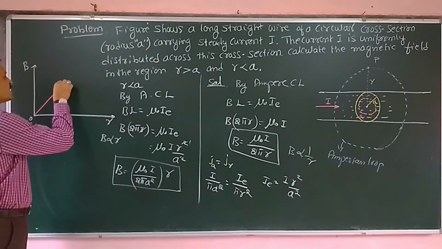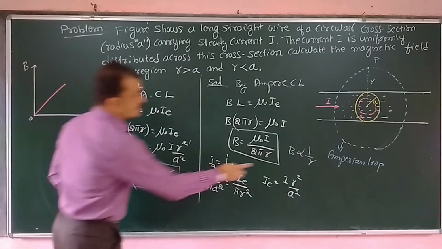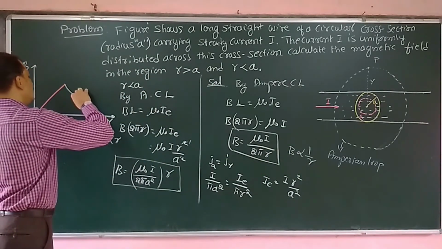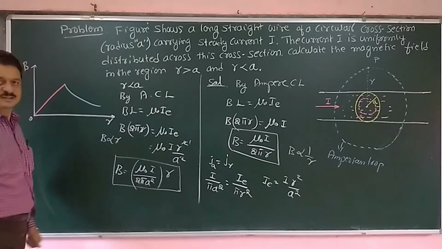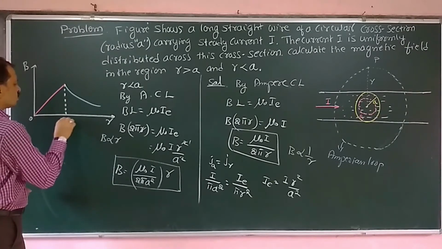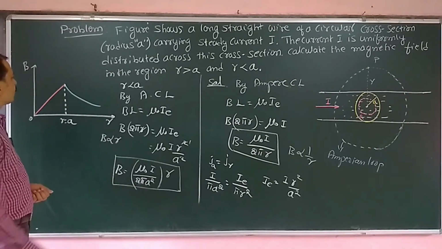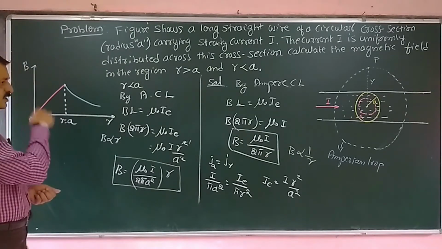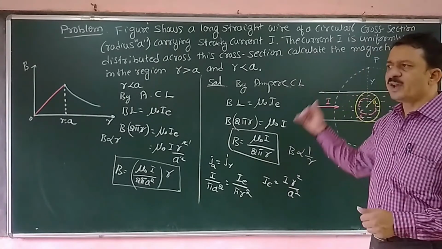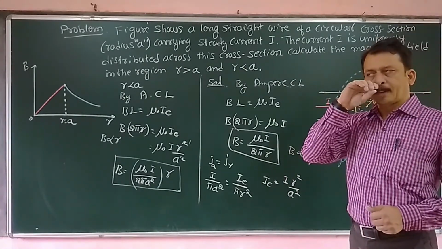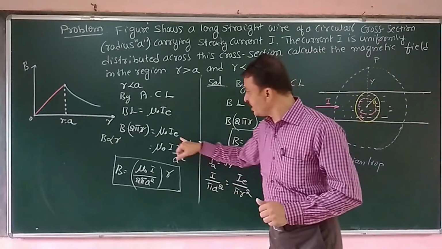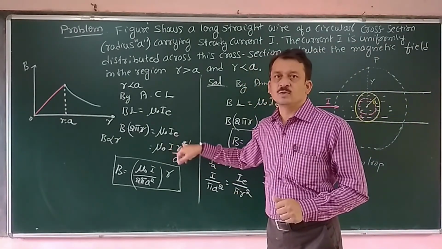As and when it reaches the surface, then this term comes into picture. The field goes on decreasing. Now this is at r equal to A, that is the radius of the conductor. This is the relation between the magnetic field and the distance in the case of a conductor carrying a current. Now you got the idea of what is the current enclosed here.